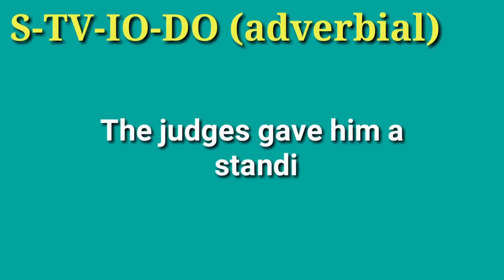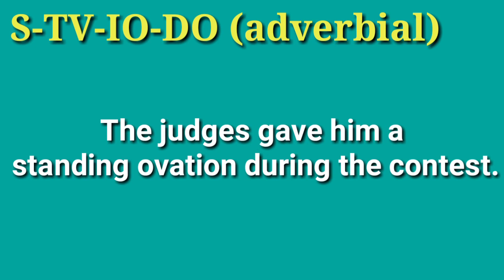Now, let's have S-TV-IO-DO and then adverbial. The judges gave him a standing ovation during the contest. Who gave him a standing ovation during the contest? Judges. So judges is our subject. Gave is our transitive verb or verb. To whom did the judges give a standing ovation?